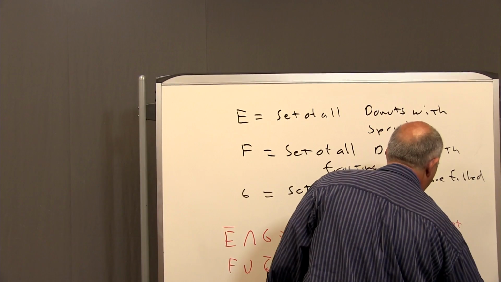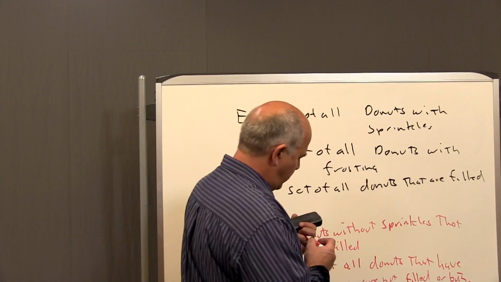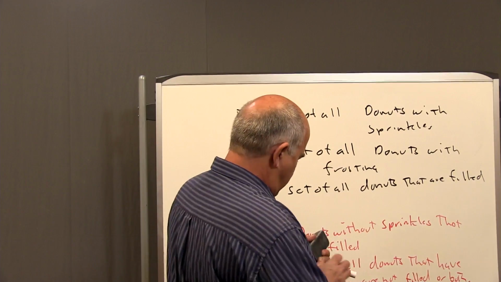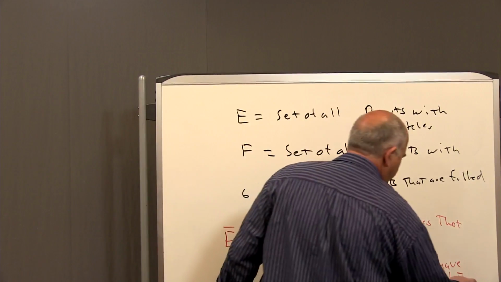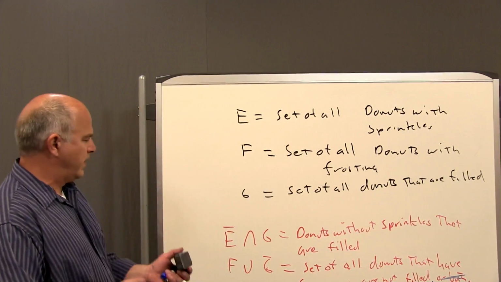I don't usually bother with the or both because that is understood. So I'm going to write that down, but then I'm going to cross it out because in the translation I would normally not be including that.